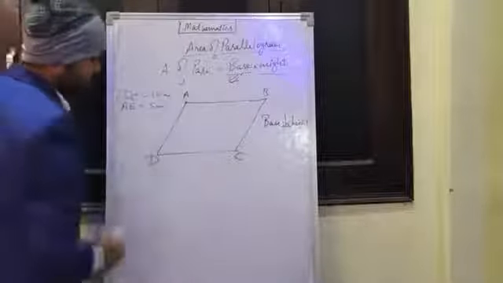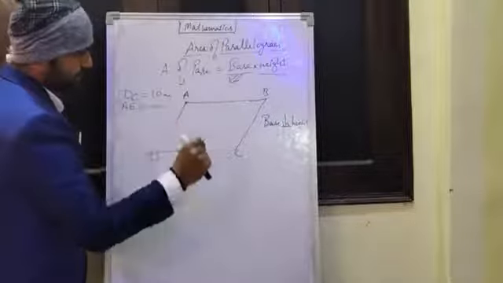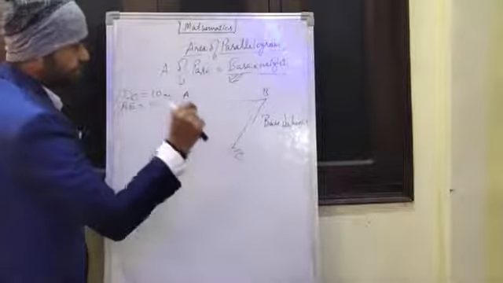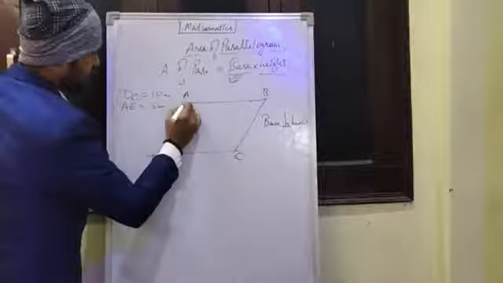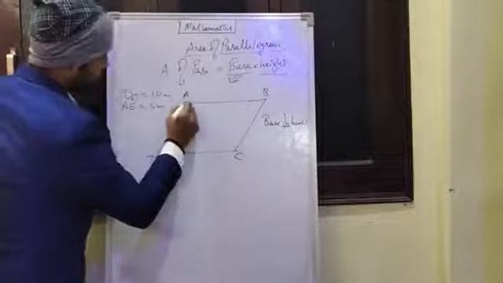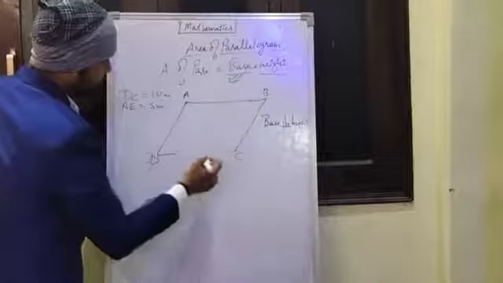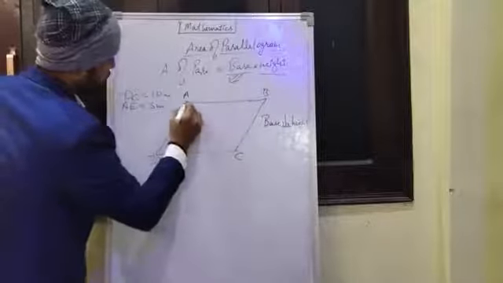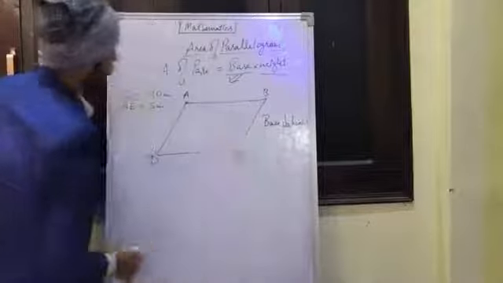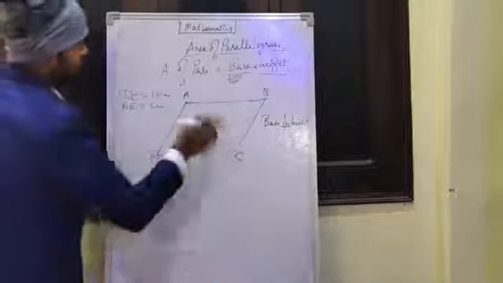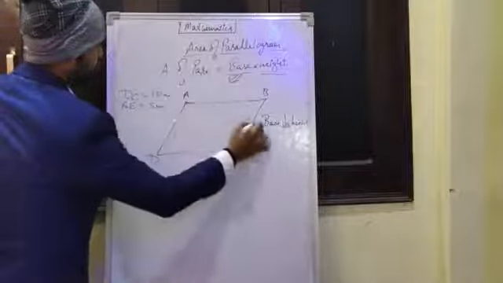It can be horizontal also. It should be perpendicular to the base. That is the main criterion. So if I take BC as a base, what will be the height? Let's take this as a height.